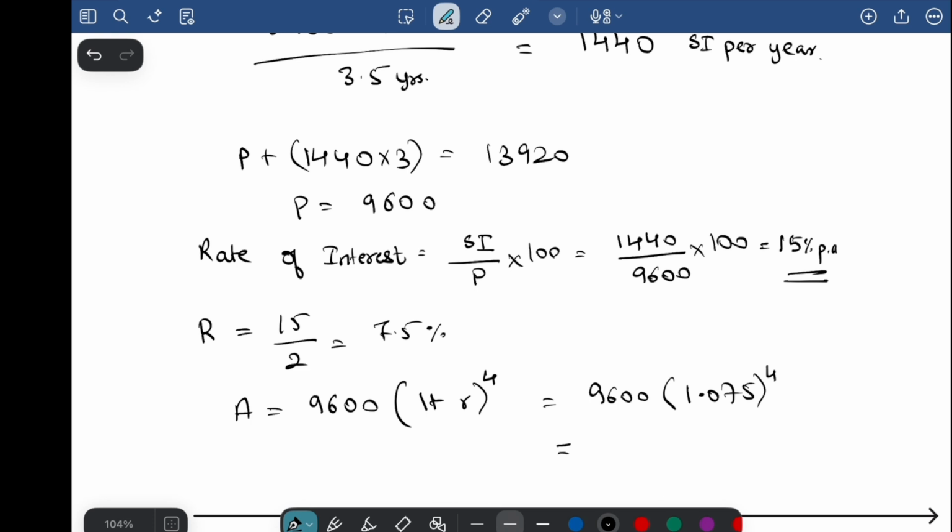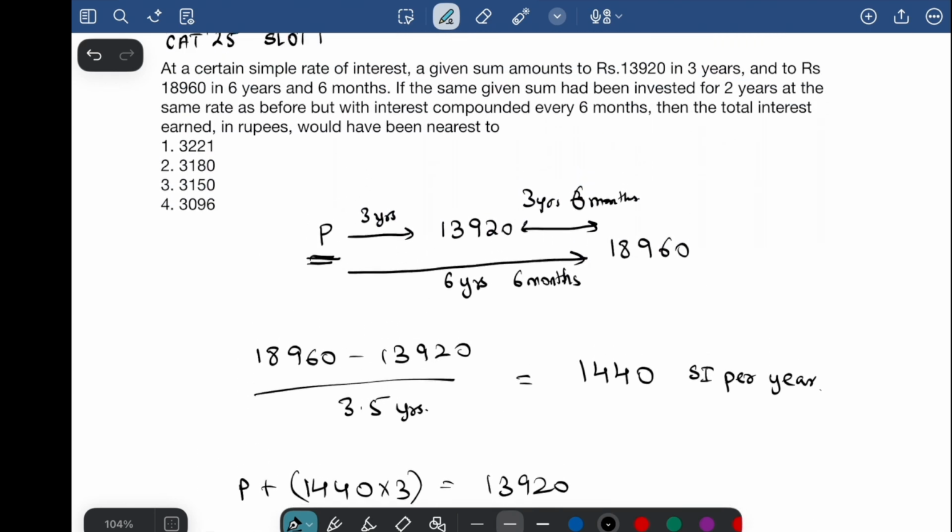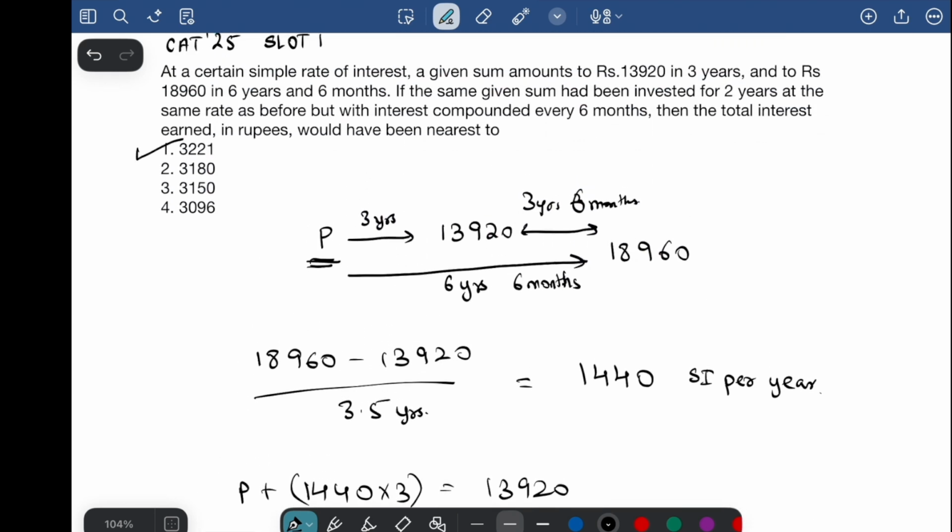By solving this, the value comes around 1.3354, and therefore A comes out to be 12820.5. So interest earned would be A minus P, that comes around 3221. This would be the answer.